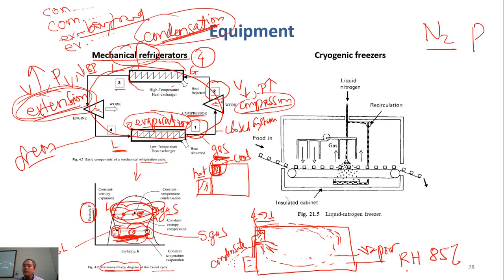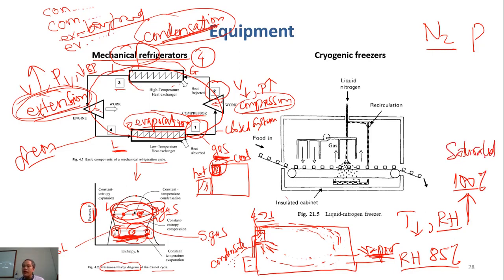If you have studied the principles of food engineering, when we reduce the temperature of the air, the relative humidity will increase. The amount of vapor, the absolute humidity, doesn't change, but the relative humidity will increase when the temperature is decreased. When it reaches 100%, what do you call this situation? Saturated air. Đến trạng thái này gọi là khí bão hòa với hơi nước.